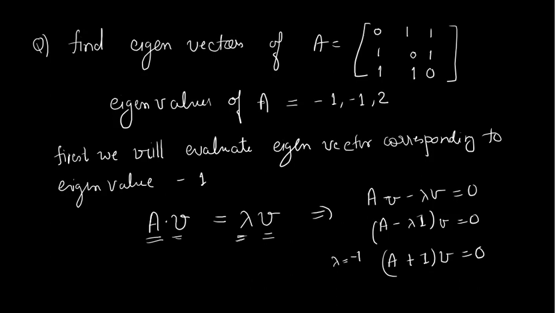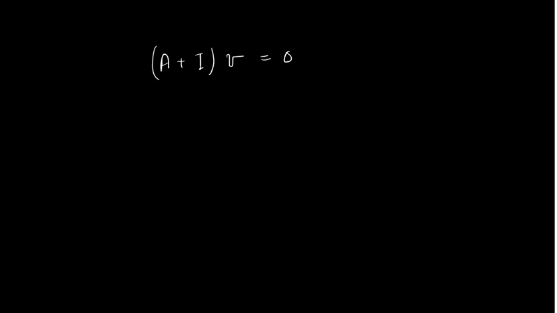As we can see, A is a 3x3 matrix, so the eigenvector will be a 3x1 vector. We can assume its three components are v1, v2, v3.